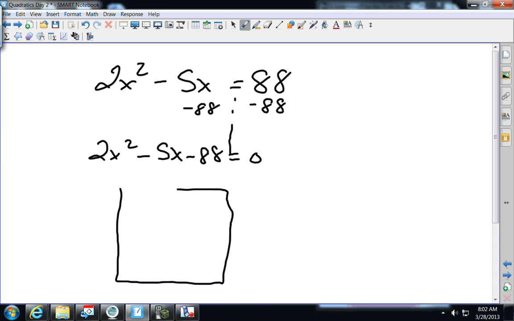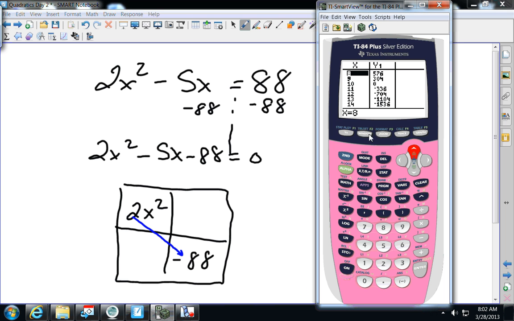Okay, so let's see. I'm going to draw my box. I'm going to put 2x squared up here, negative 88 in the bottom right. Now, I'm going to take 2 times negative 88, which is negative 176.